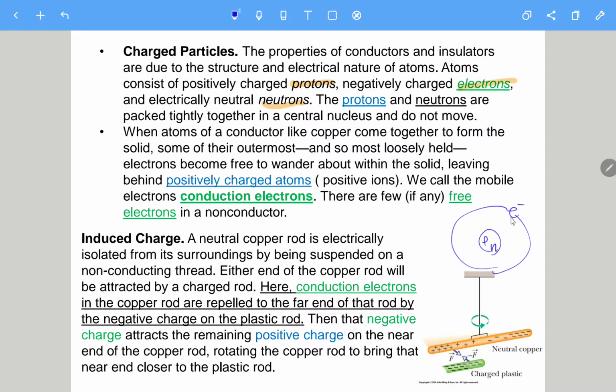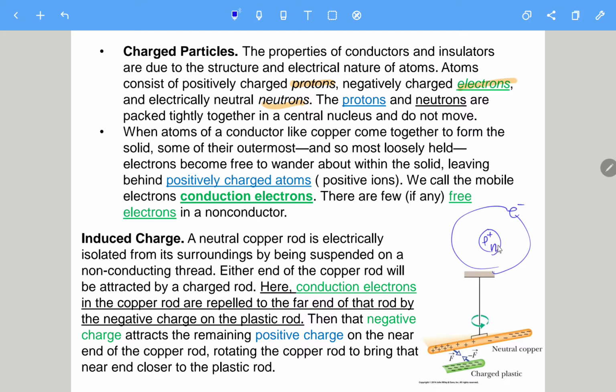For the neutron, 中子, it doesn't have any charge. It is electrically neutral. But the overall atom should have zero charge.